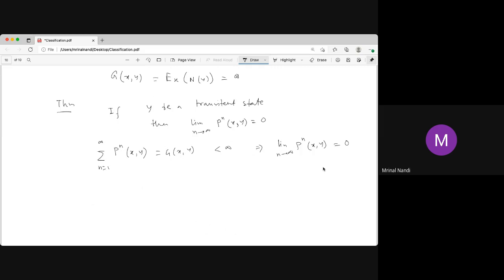There is much more analysis in the next class. Transient and recurrent states, this is a very easy treatment, but there is a much more complicated and tough treatment after this class. Then we discuss different chains. We are now classifying the states. Next, we classify the whole chain.